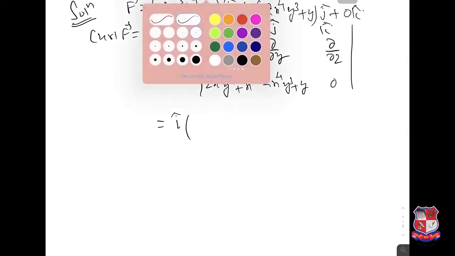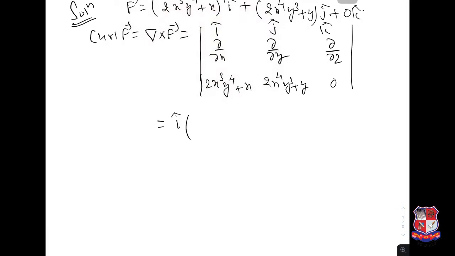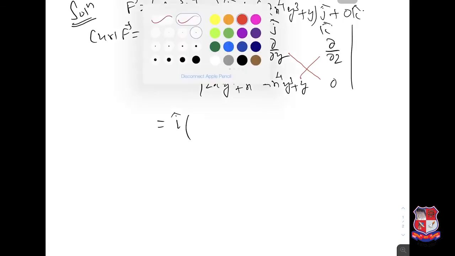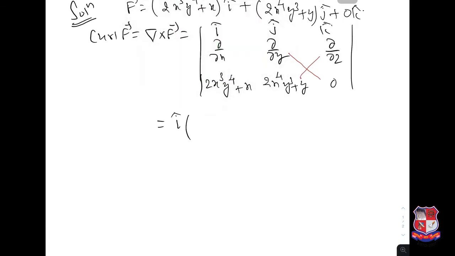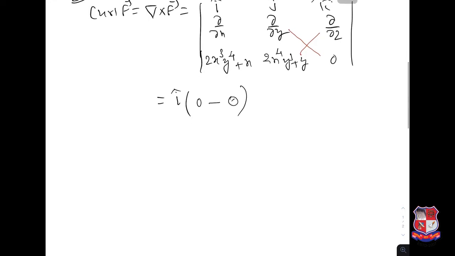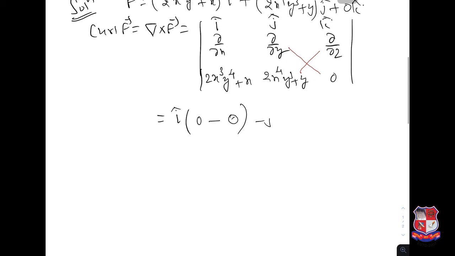So here, i into this one and this one. So del by del y of 0, that is 0, minus del by del z of 2x power 4 y cube plus y, there is no z, so that is also 0, then minus j.